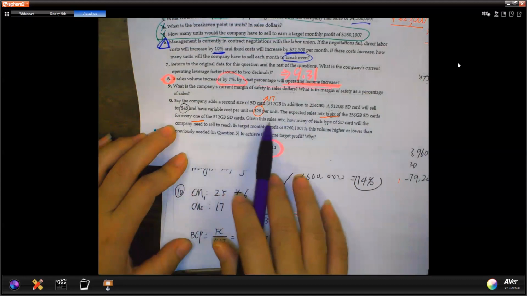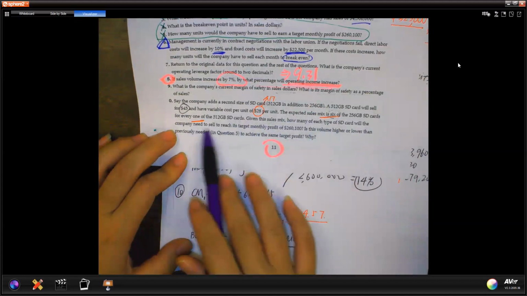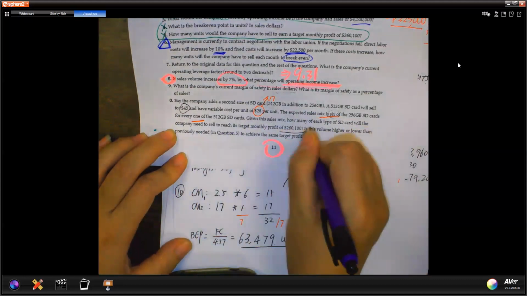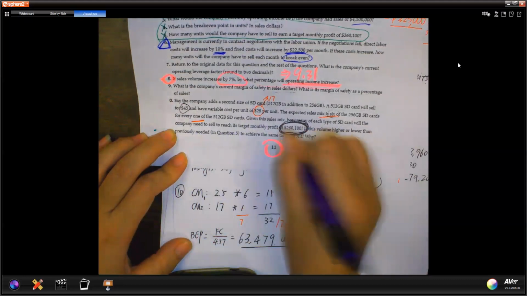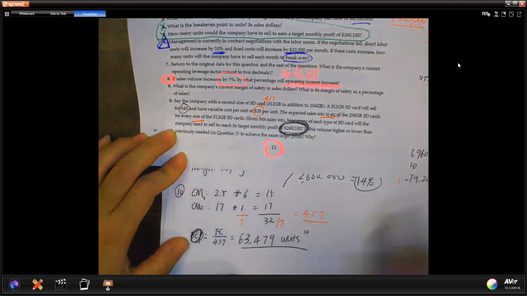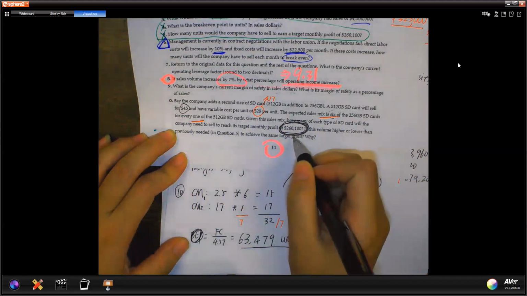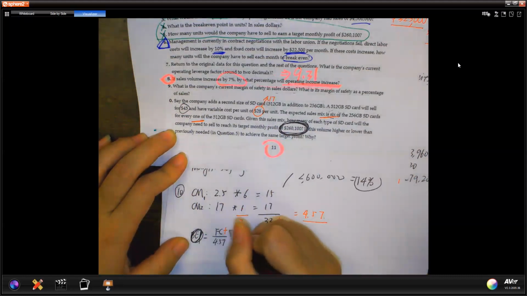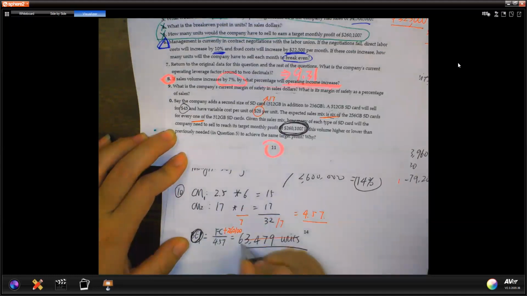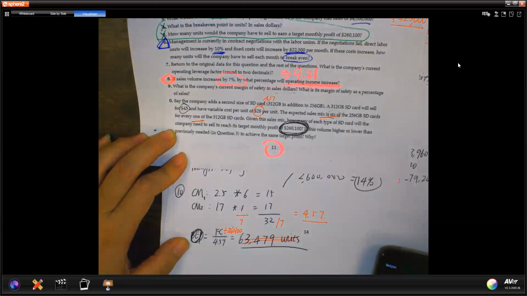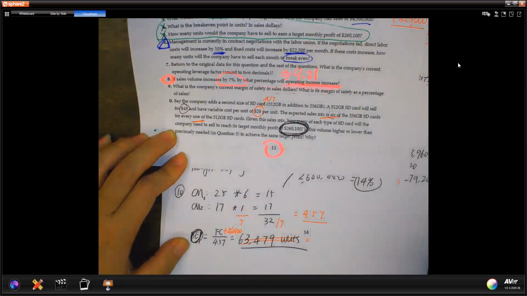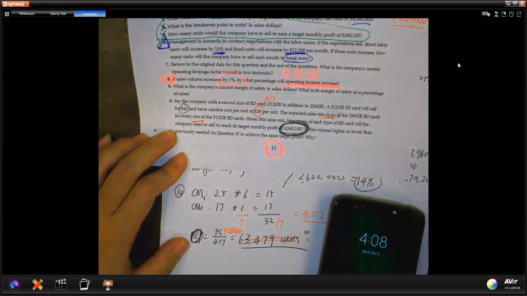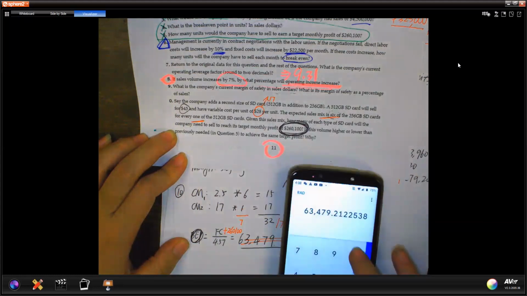Oh, sorry about this, I made a mistake. It doesn't ask about the break-even point. It's asking about a targeted operating income. So you have to add it here. It's my fault, I'll do it one more time.